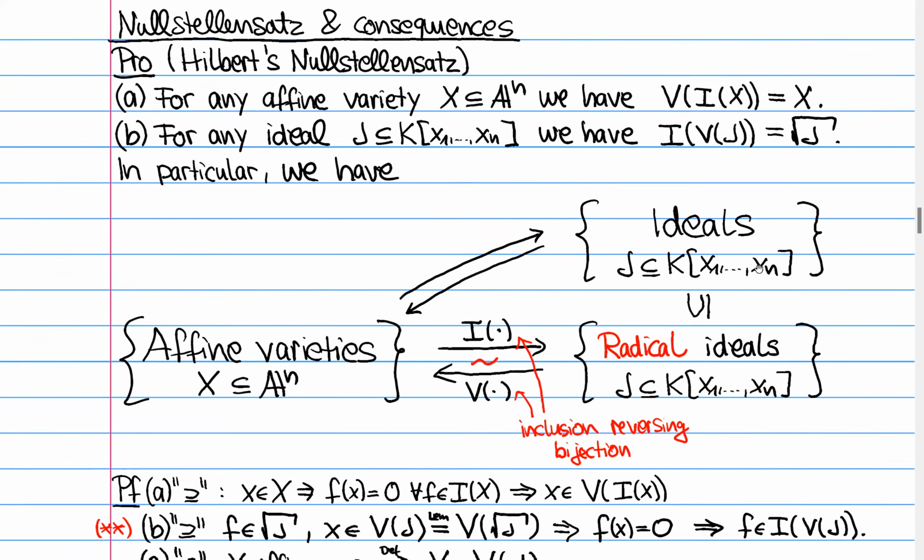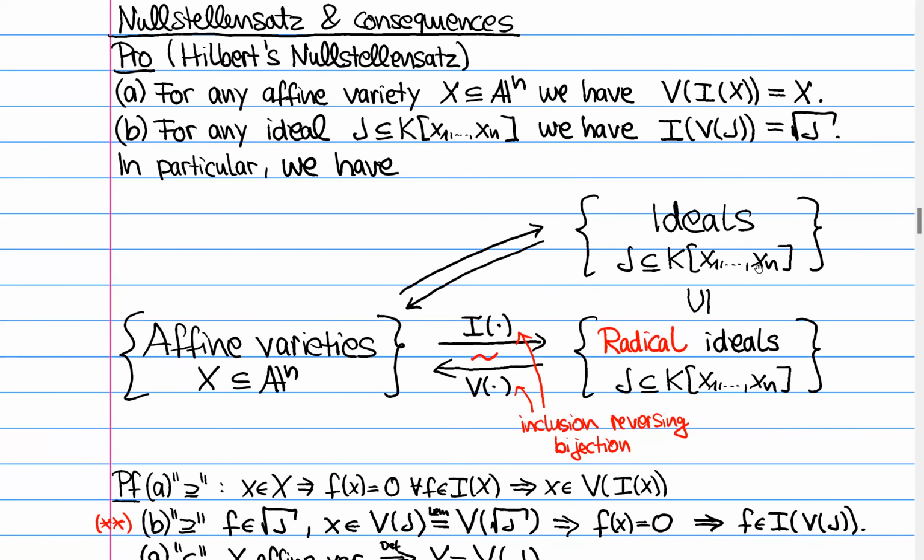We're going to prove them in a slightly interesting order. Let's first prove the inclusion from here to here. So if f is in this radical, then we want to show it vanishes on the vanishing set of J. In other words, if we have x in the vanishing set of J, then we can use a lemma that we had before, which says the vanishing set here is equal to the vanishing set of the radical.